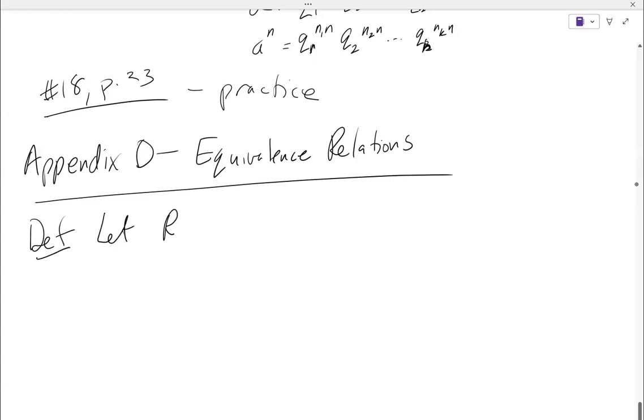we're going to let R be a relation on a set A. Now, what do I mean by a relation on a set A?